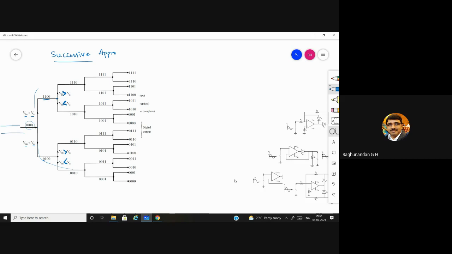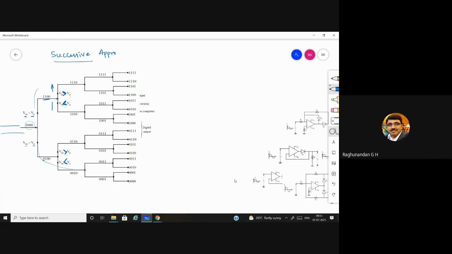So now 1100 we are having. As I have taken V in is greater than VA, and just to have uniformity, I have considered all the upper values, in the sense the tree branch which is going upwards, as V in is high.